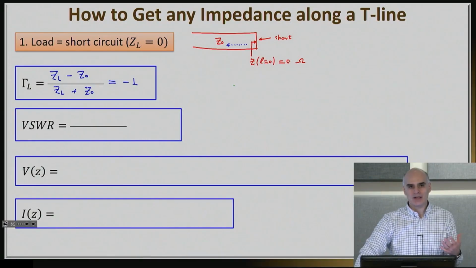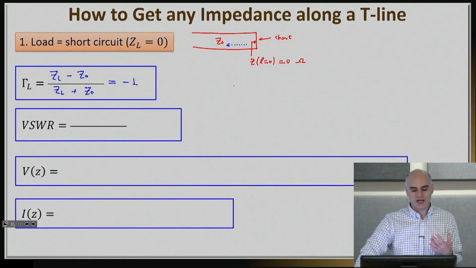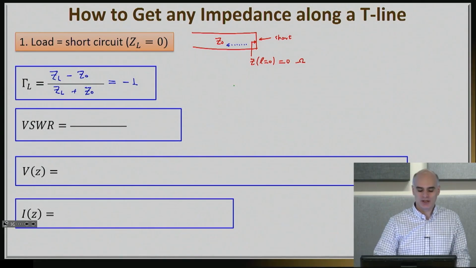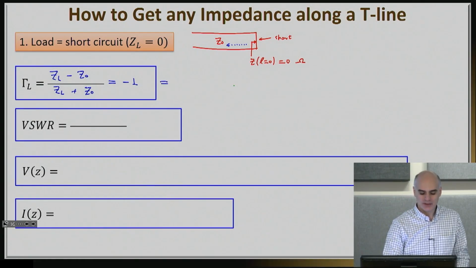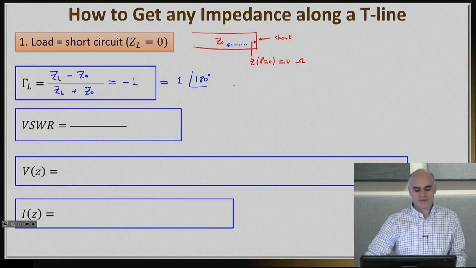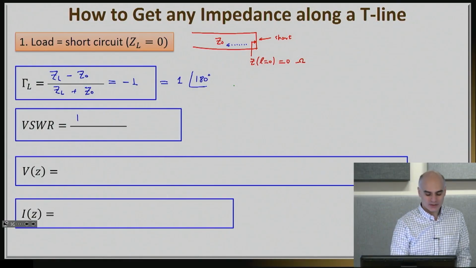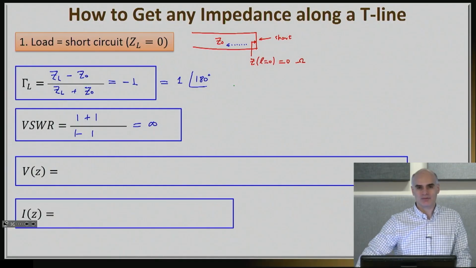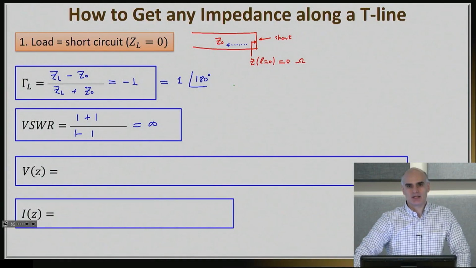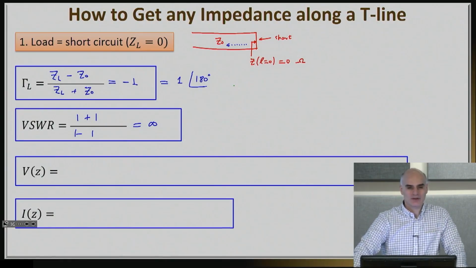The first thing you should really remember is that when you have a short circuit, that comes with a reflection coefficient of -1, or if you want to express it differently, a magnitude of 1 and a phase of 180 degrees. Now, VSWR, which is 1 plus magnitude of gamma L over 1 minus magnitude of gamma L, is going to be equal to infinity. That's the extreme case of the short circuit.